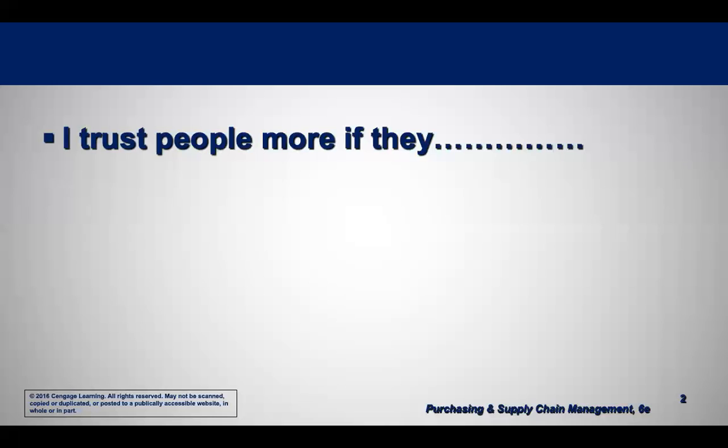So just think about trust as we go along, and notice that so much of the work we do and the words we write come about as a result of lack of trust. And how much easier it would be if we just chose to trust people a little more. Okay.